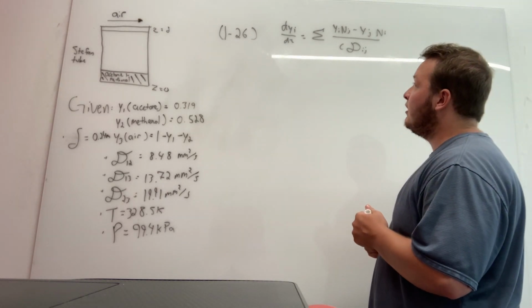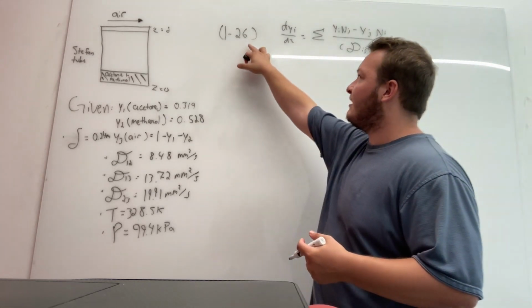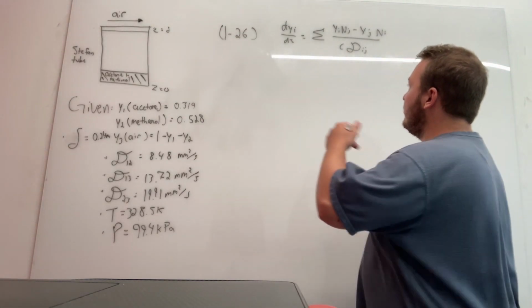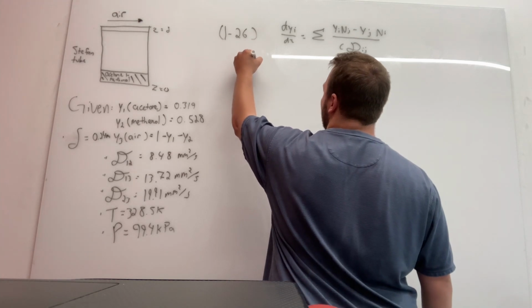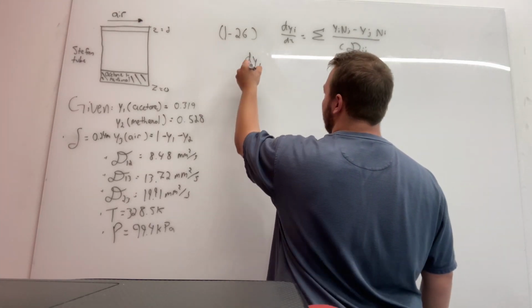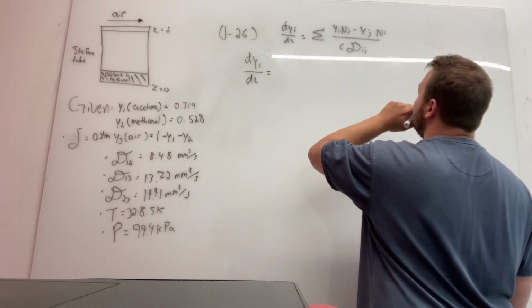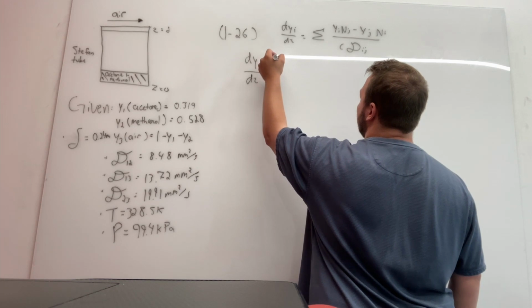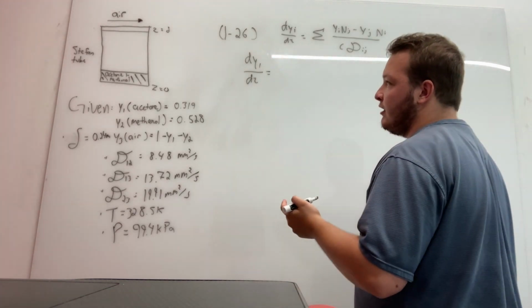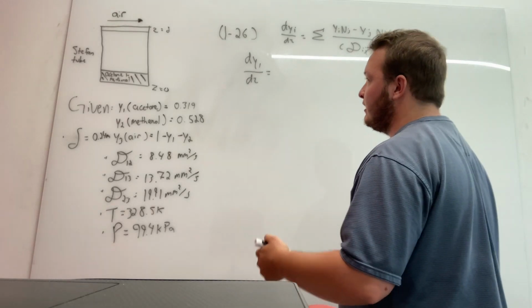So first, we can start. This is a formula from 126, I believe. You can start with the driving force of 1, which I put as acetone, dy1/dz. You have two interactions with acetone: acetone and methanol, and acetone and air.